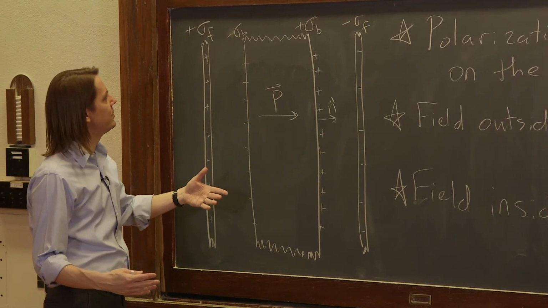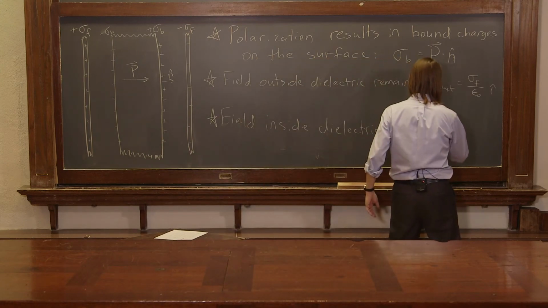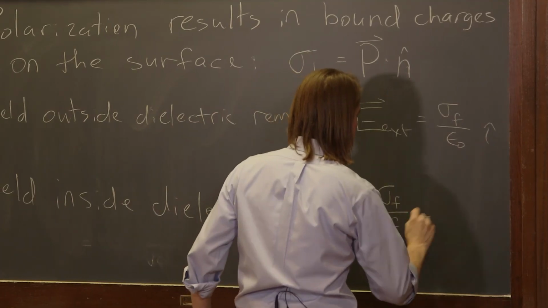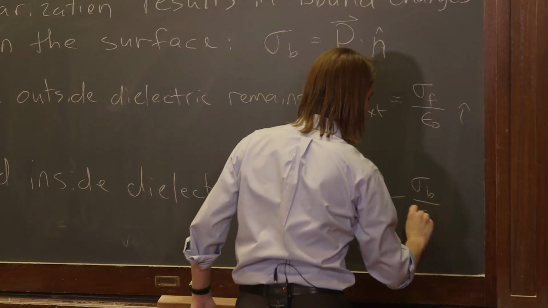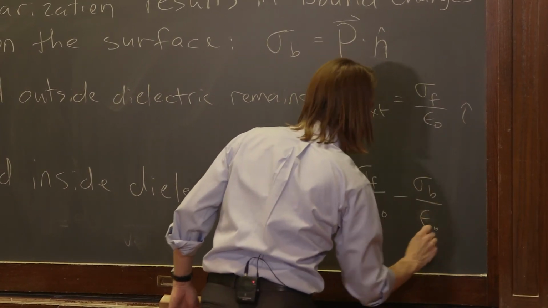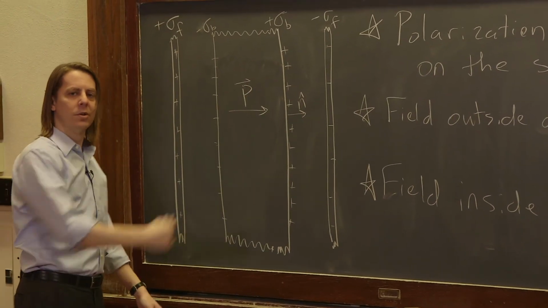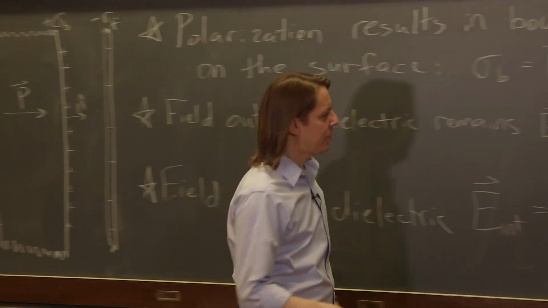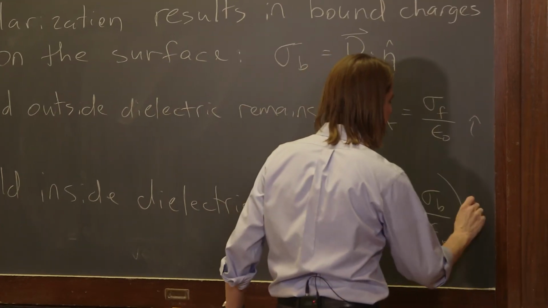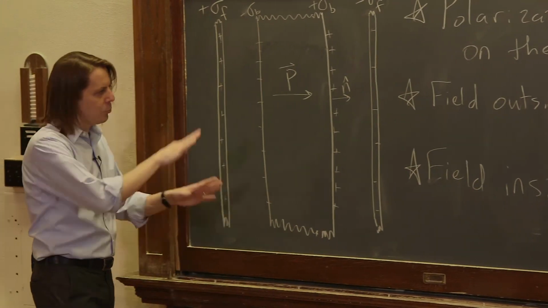Electric fields obey superposition, so it's E external, sigma free over epsilon naught, minus sigma bound over epsilon naught. Because you can see the field created by the bound charge goes the other way. So it's going to make the field internal inside smaller, and if I had to put an arrow on it, I'd make it go that way. Okay, so we're making a little progress.